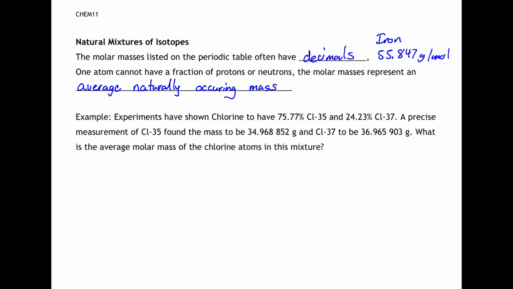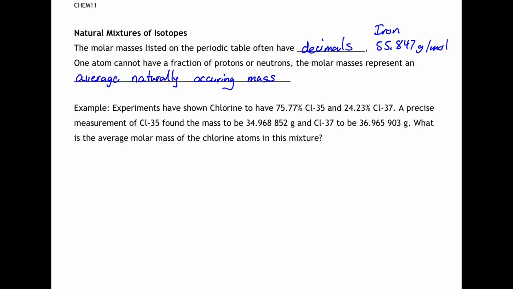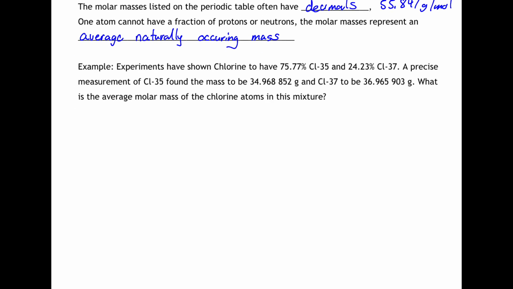So what we're going to do is take each percent and add. We're going to use the mass of the 35. So the fraction of Cl35 is 0.7577.